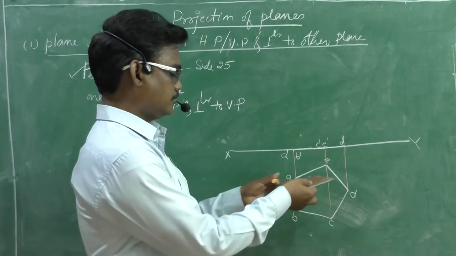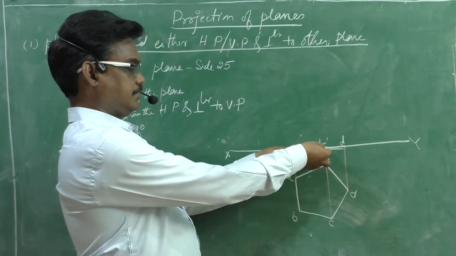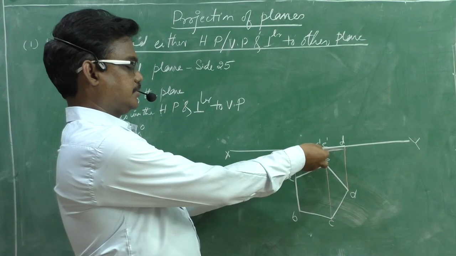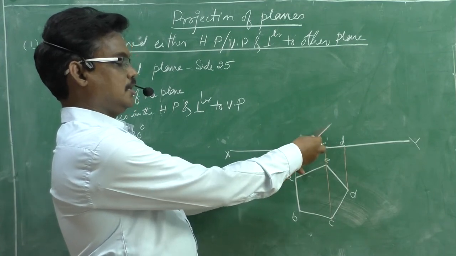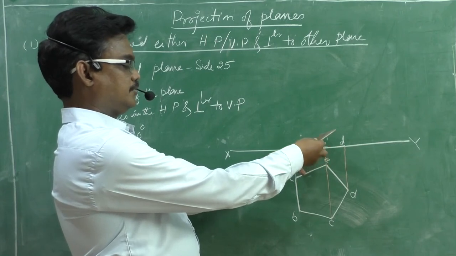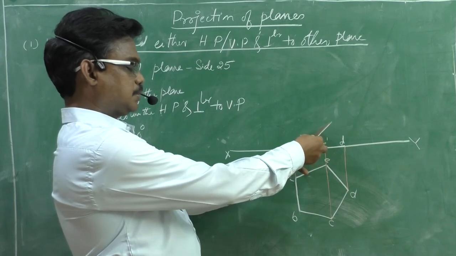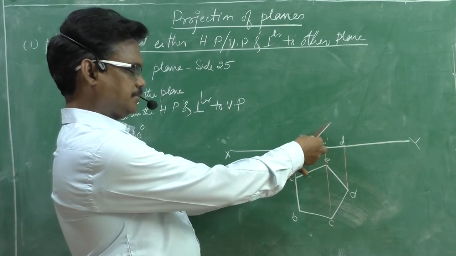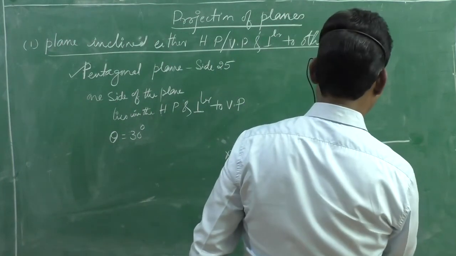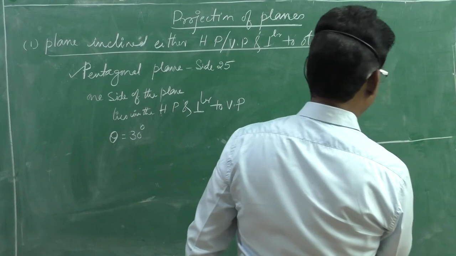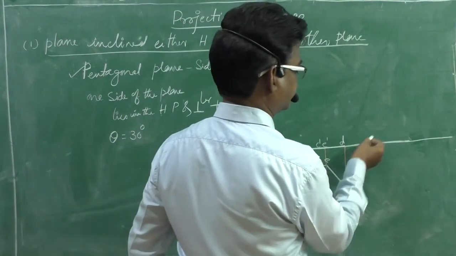Now, when the plane is like this, without disturbing this end, if it is moving like this, the length of the front view will not change, but whatever be the true angle with the HP, that is visible. True angle of inclination with HP is 30 degrees.